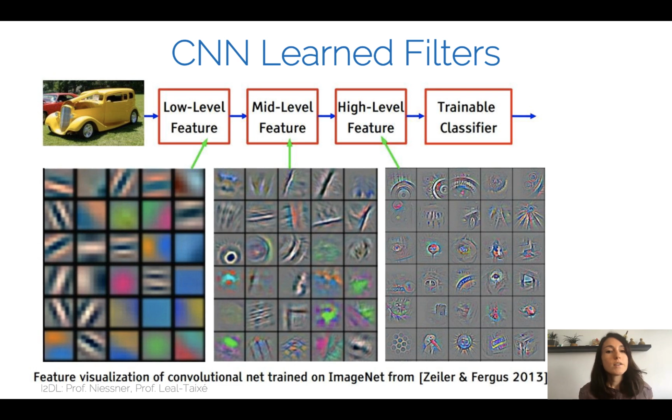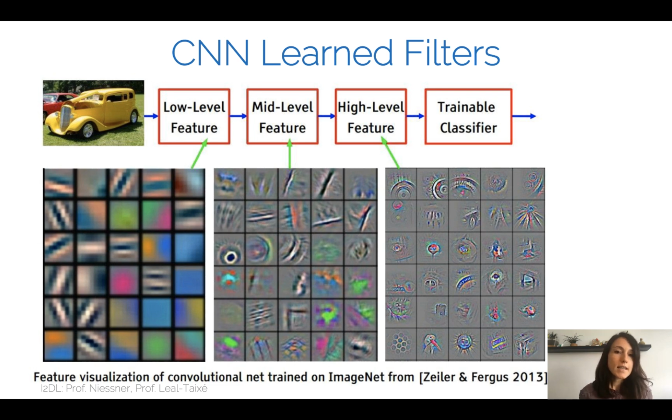We then went on into discussing what these filters mean as we train deeper and deeper neural nets for the task of, for example, image classification. So in this case, we train the neural network for detecting the class car in this image. And the cool thing about CNNs is that we can go ahead and look at these filters that we have been talking about.